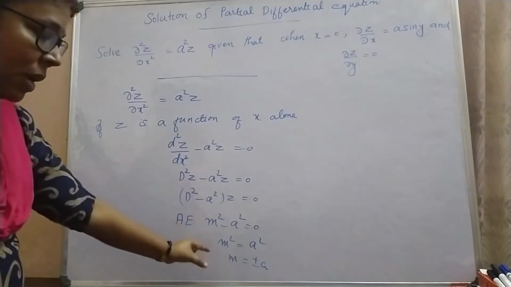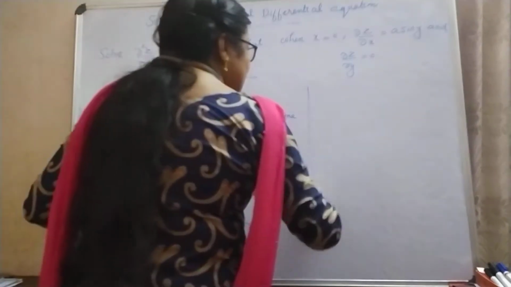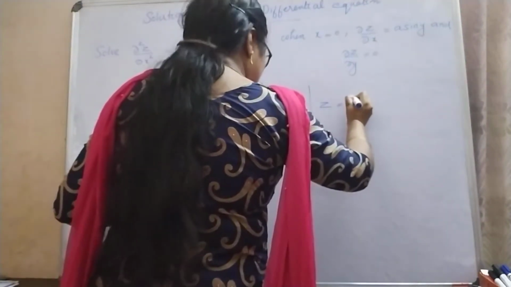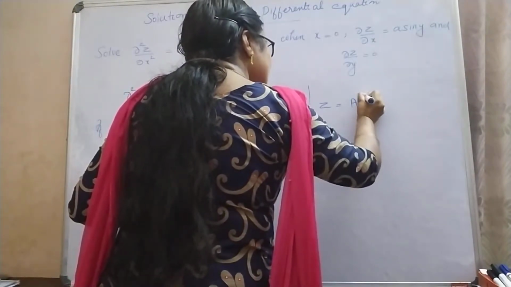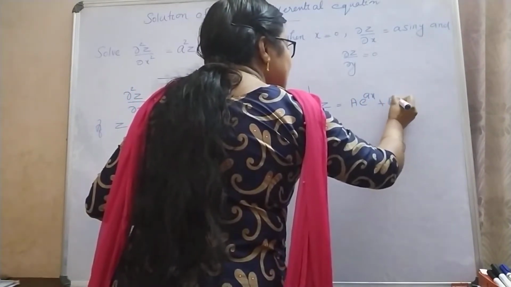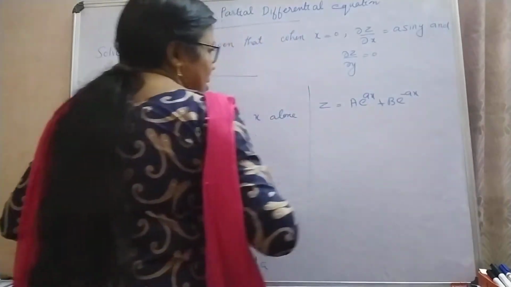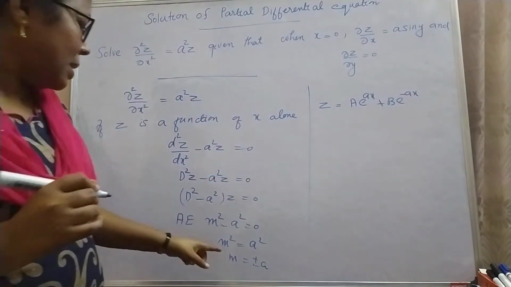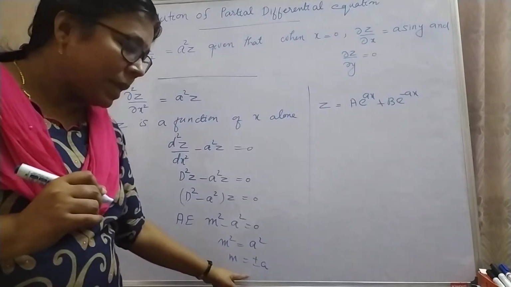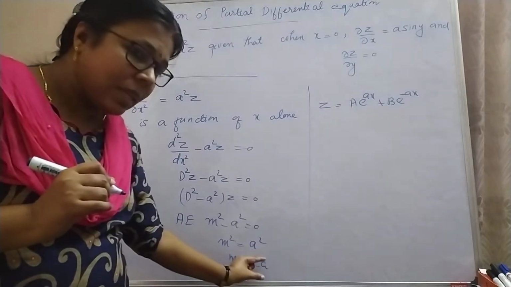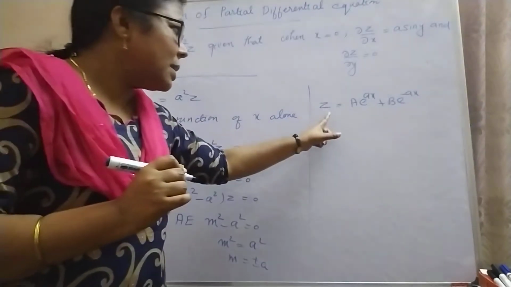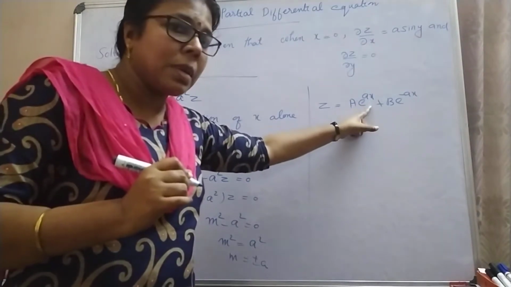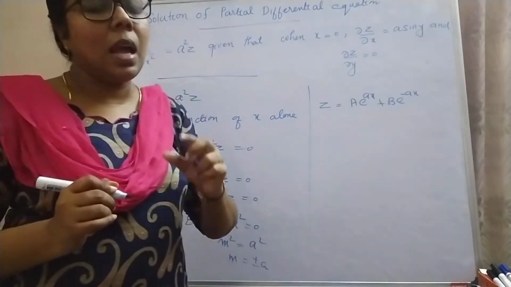Then the complementary function is z = A e^(ax) + B e^(−ax), which we have studied earlier. If m = ±a, two distinct roots, then z = A e^(ax) + B e^(−ax).